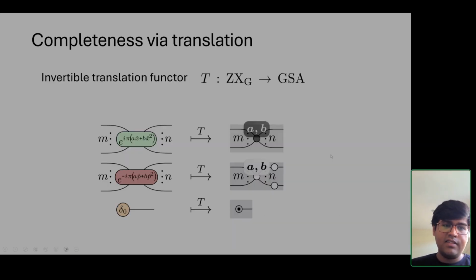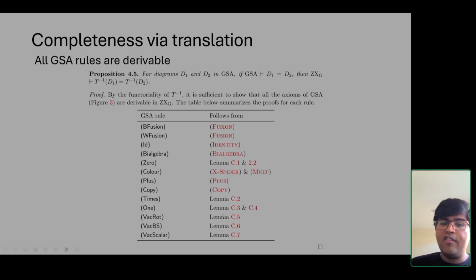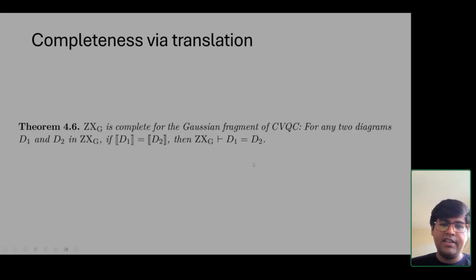So to prove completeness, we show that there is a translation between our Gaussian fragment and their calculus, which is invertible. And we can derive all of their rules using axioms of our calculus. There are also more subtleties that I'm not talking about right now, but this is the main idea. And using this, we have the completeness.